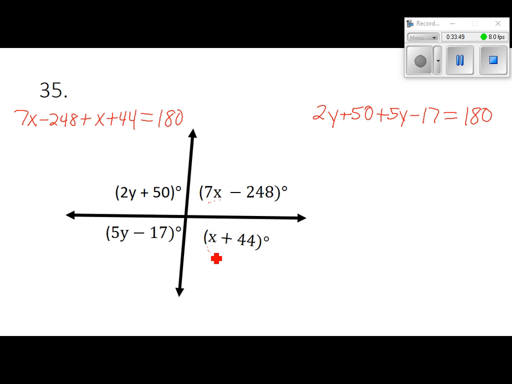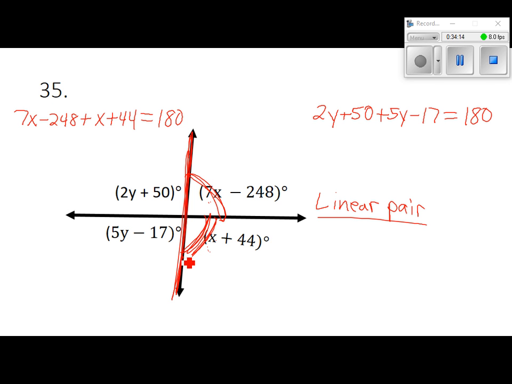What kind of angles are they? Adjacent, that's true. What else? They are a linear pair. Together they make a line. This angle and this angle together make a line. They're not congruent to each other, but those two angles together make a line.